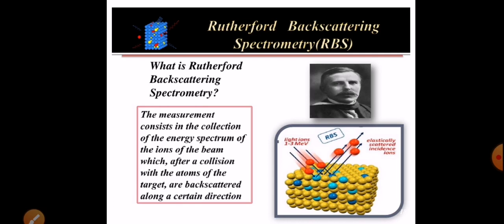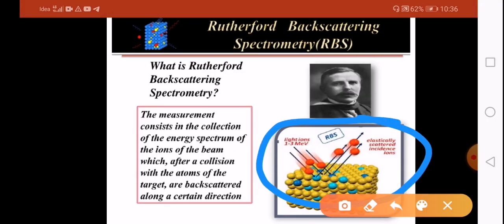That is what is done in RBS. So it is actually a surface analysis technique. RBS is a surface analysis technique, and atoms on the surface of a target interact with the incoming particles.